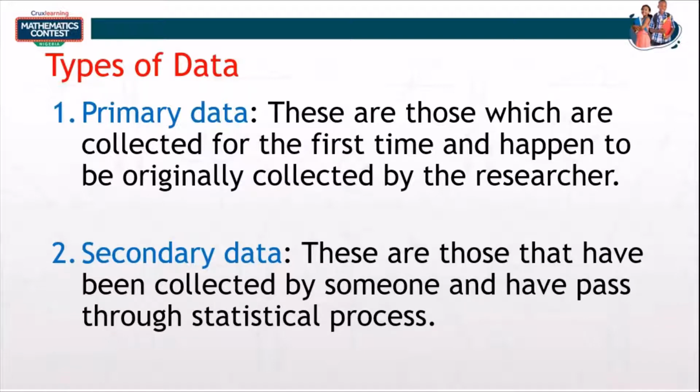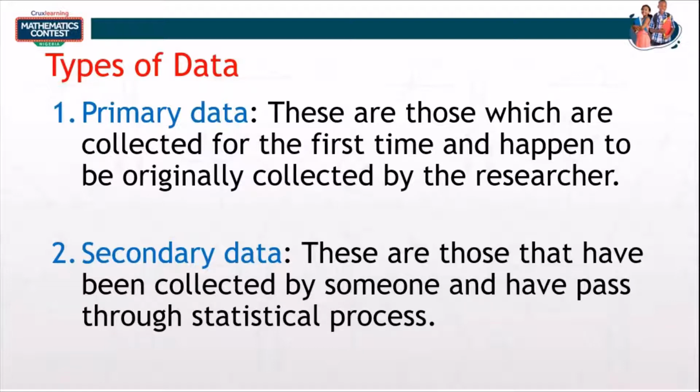When you are working with information that somebody else collected and have used it, maybe you went to the internet and then copied it, or journals or articles. It's not wrong to use somebody else's data, but you are not the first-hand owner of such information. So such information is referred to as what?